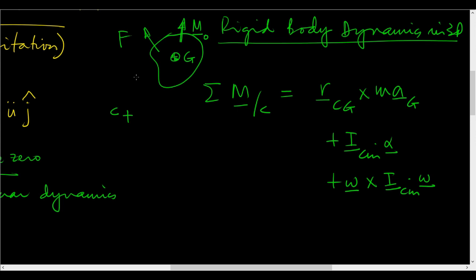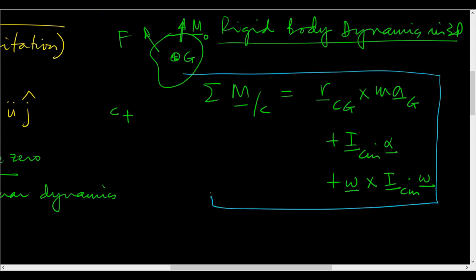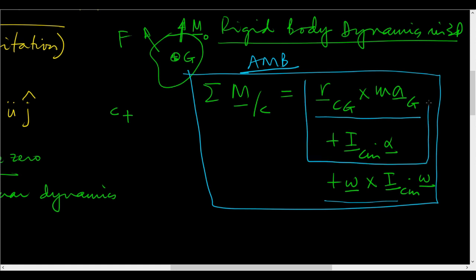Some of you may be accustomed to the idea of taking the angular momentum balance about the point that instantaneously coincides with G, in which case this term would be 0, and in planar dynamics this term is 0. Okay, but now we will take care of these two terms.